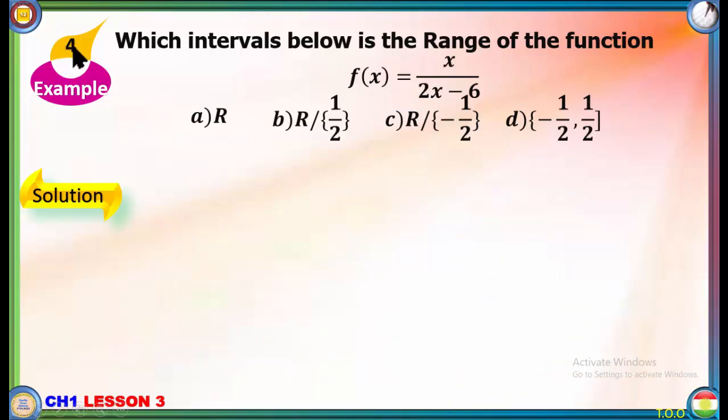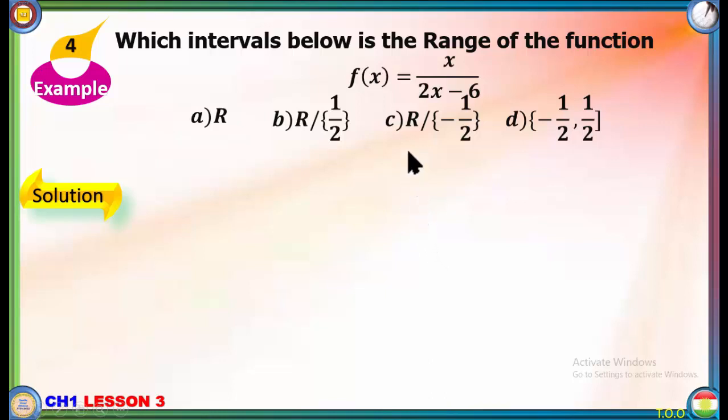Example number 4. Which interval below is the range of the function? This function is neither odd nor even. Therefore, to find the range of this function, find the horizontal asymptote.